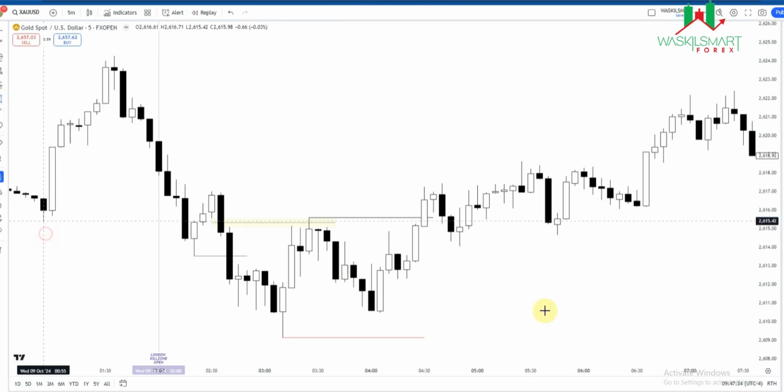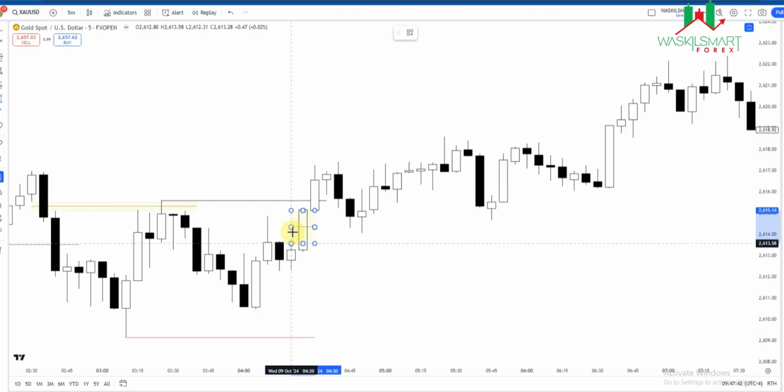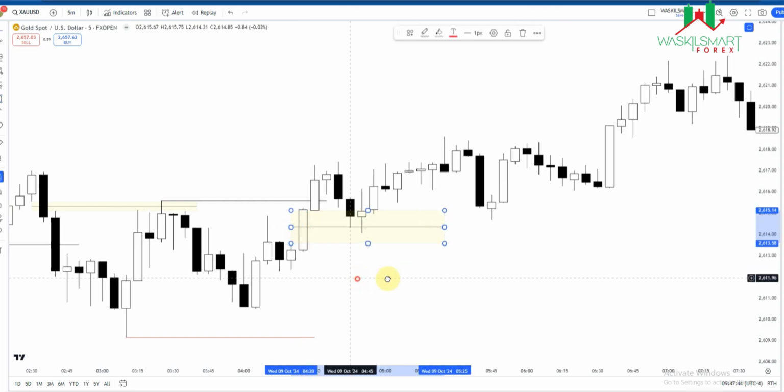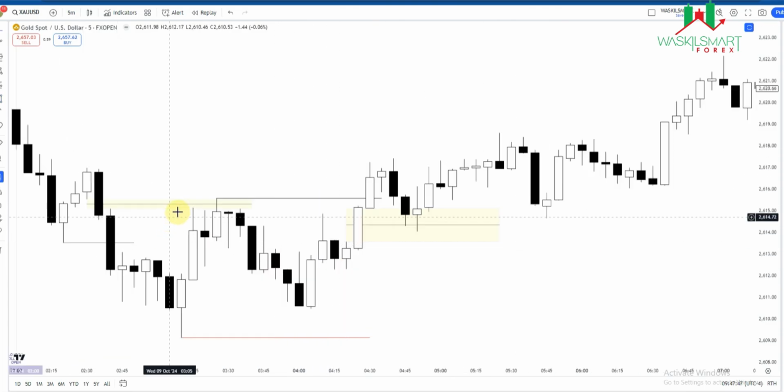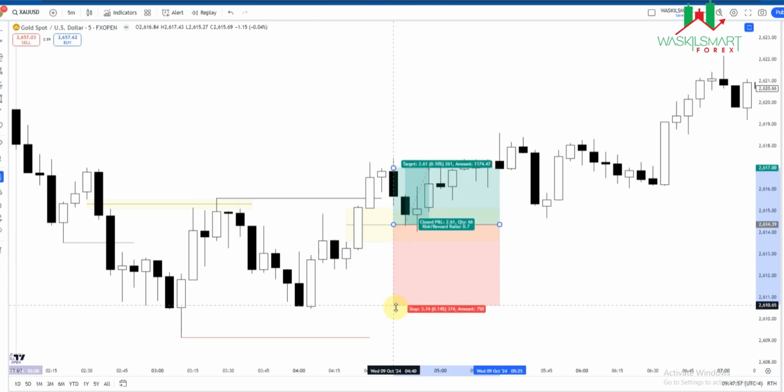When the market breaks this high that reacted in this fair value gap, I was looking for a new fair value gap, then I saw this fair value gap here. The market reacted from this, so I can enter from the middle of the fair value gap. It's actually logic. My stop loss is below there, or below here, but let's put it here.